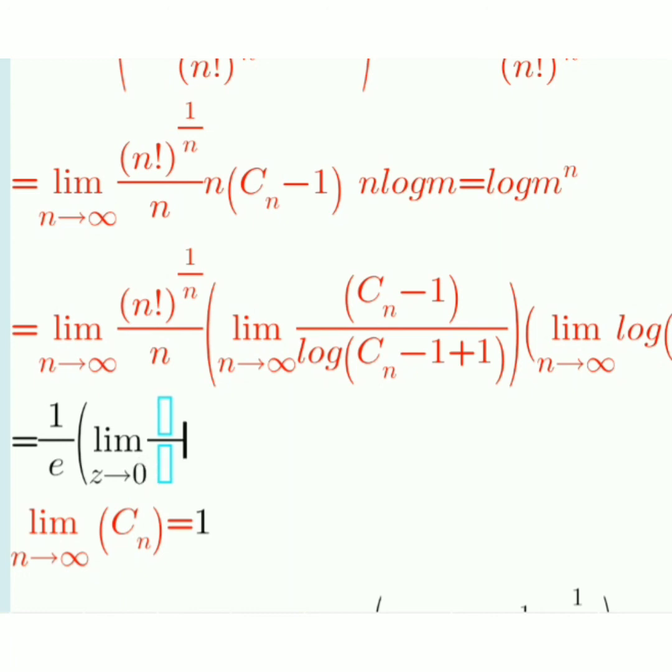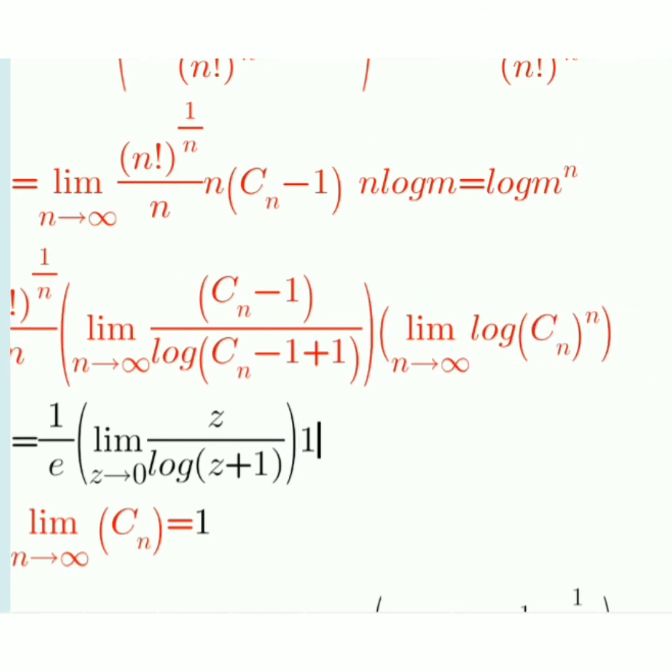Z tends to 0, and z divided by log of z plus 1, this value is 1. We know that this value is 1. So friends, whatever you will get this value, and according to the formula, 1 by e dot 1 equals 1 by e is the answer.